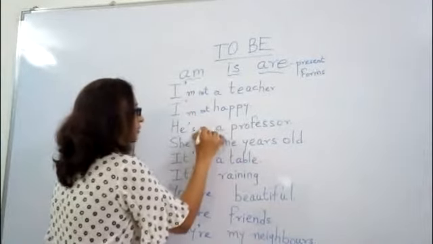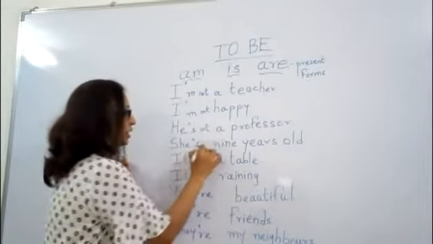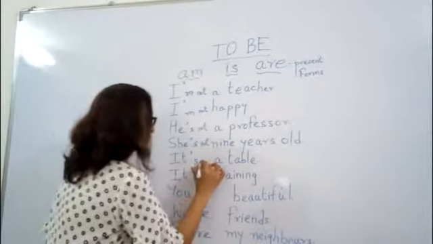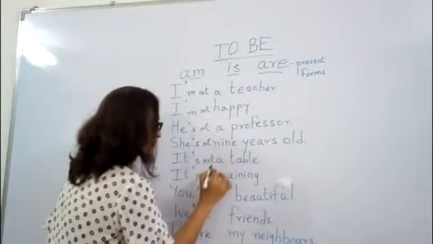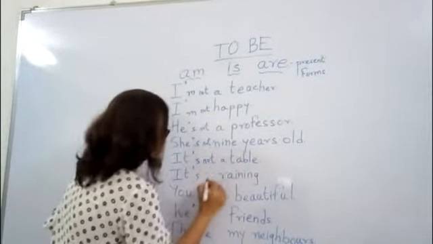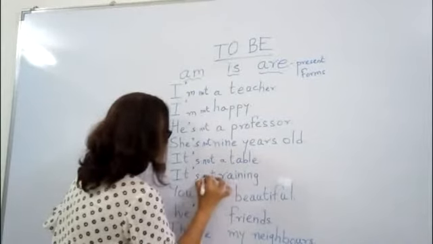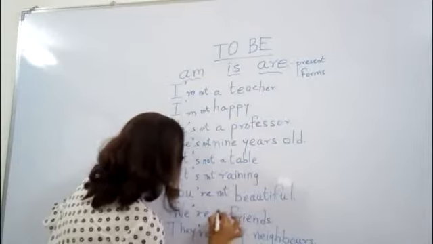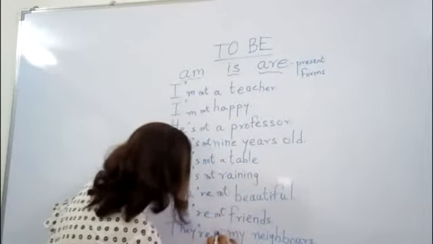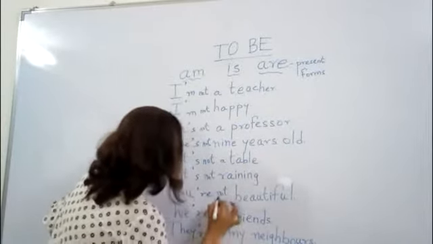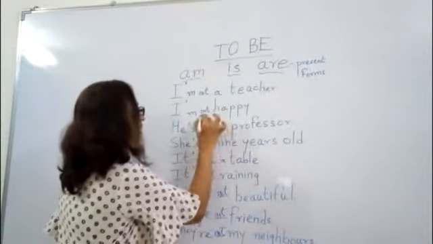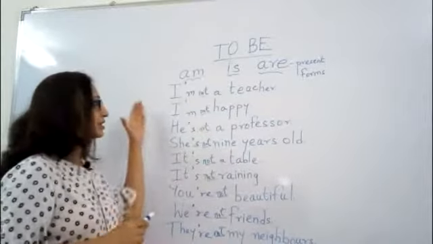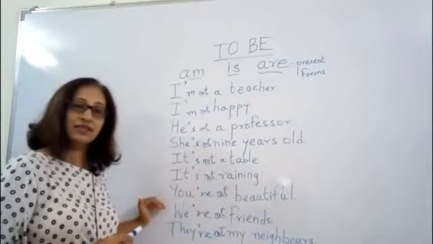So what I'm doing is I'm just adding not, and these sentences will become negative sentences. So I've added not after am, is, are, and now these sentences have become negative sentences.